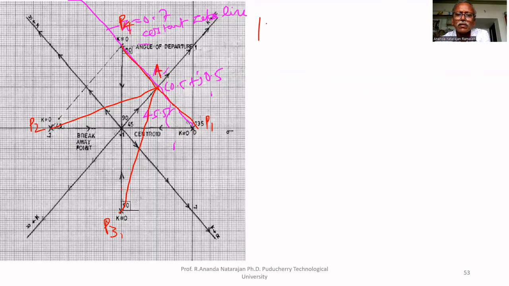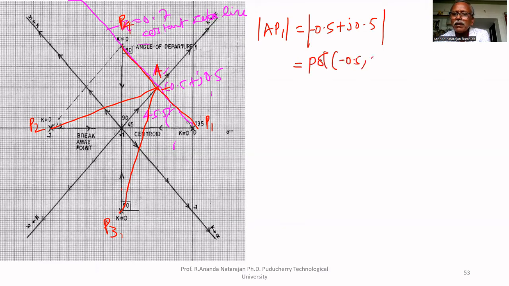So modulus of AP1 equals modulus of 0.5 plus j 0.5 minus P1, and P1 is 0. For this we have to find the magnitude. You can call polar with minus 0.5 comma 0.5, or you can find the square root of 0.5 square plus 0.5 square. That way also you can find AP1.